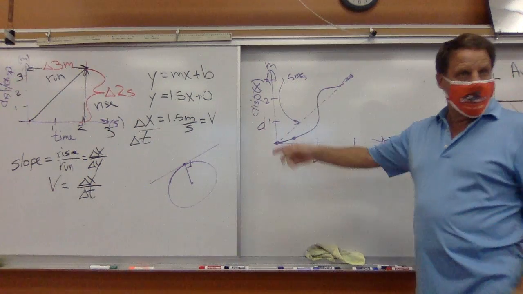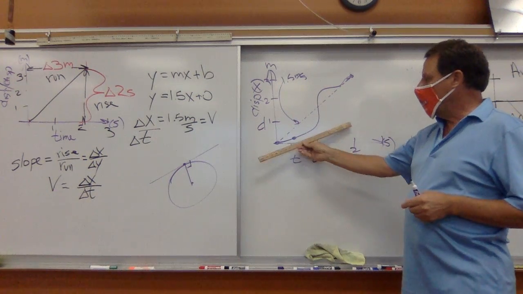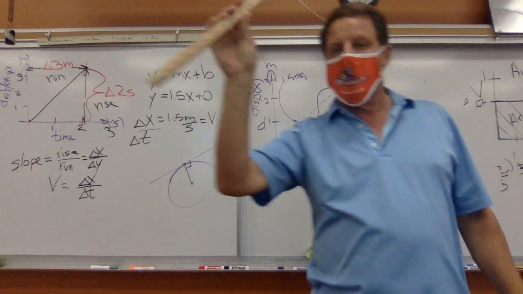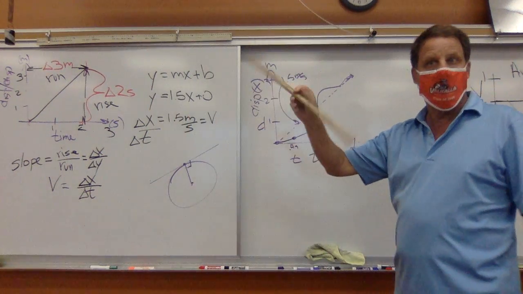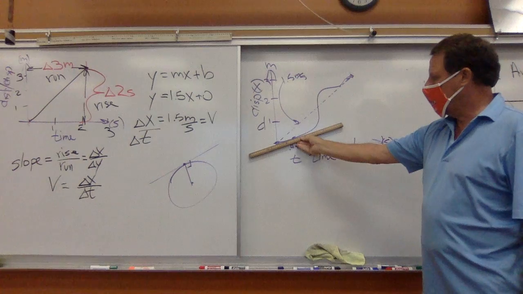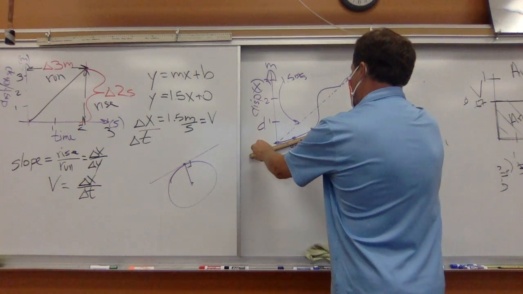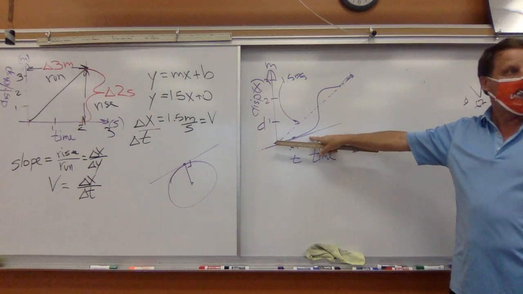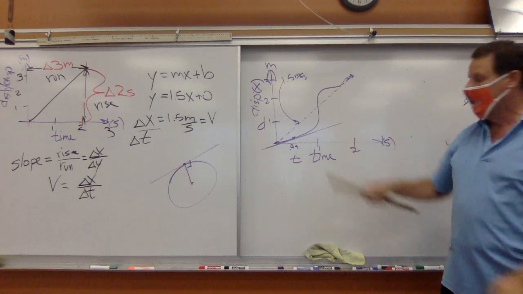Now, if we have this curve or this line, at any point right here, if we put a sloperometer, and this right here is a sloperometer, and we put it like this, and now we draw that line, now we have the slope of that line.